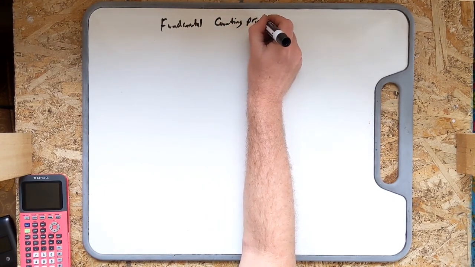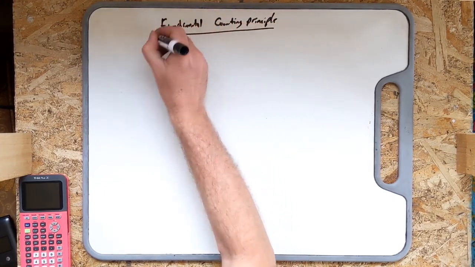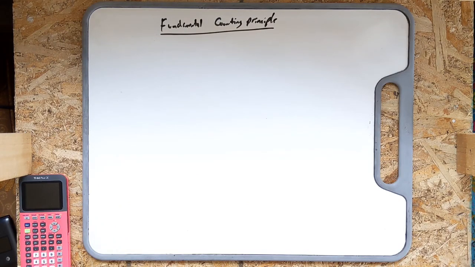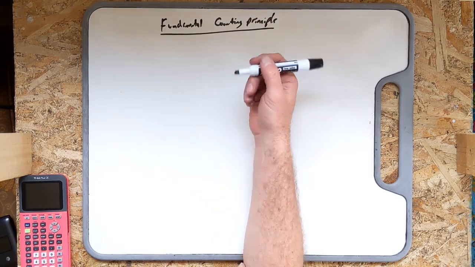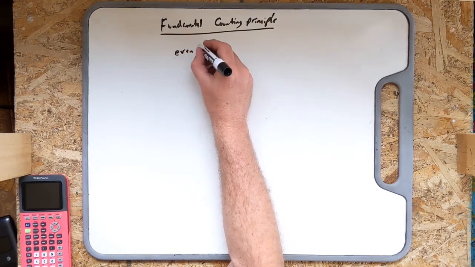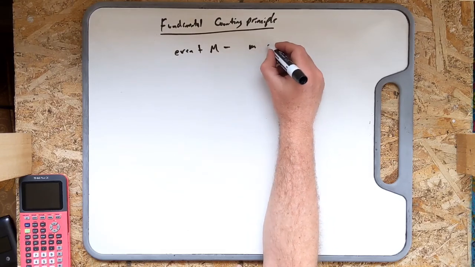The fundamental counting principle is basically just a way to determine how many different ways something can occur. And the way you do it is, if you've got a couple different events that you're talking about, say one event I'll call M, which has M different ways of occurring.